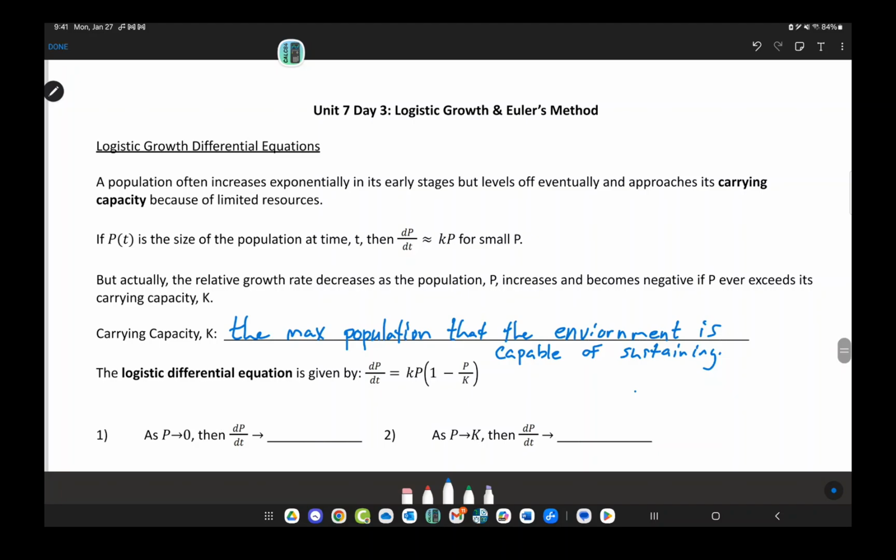The logistic differential equation is given by dP/dt equals kP times 1 minus P over K.